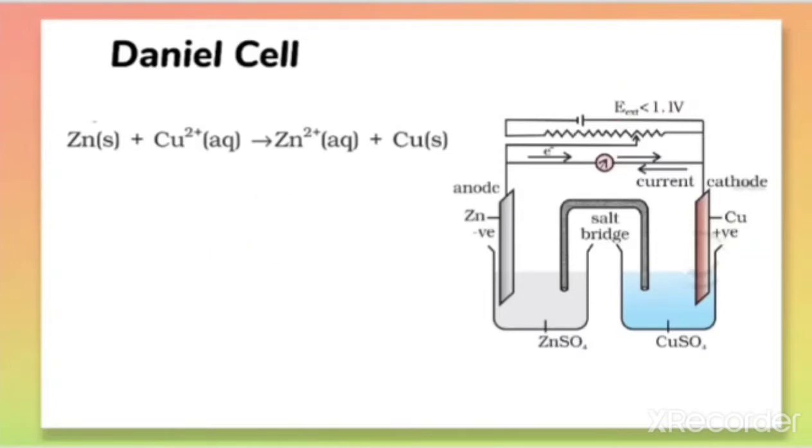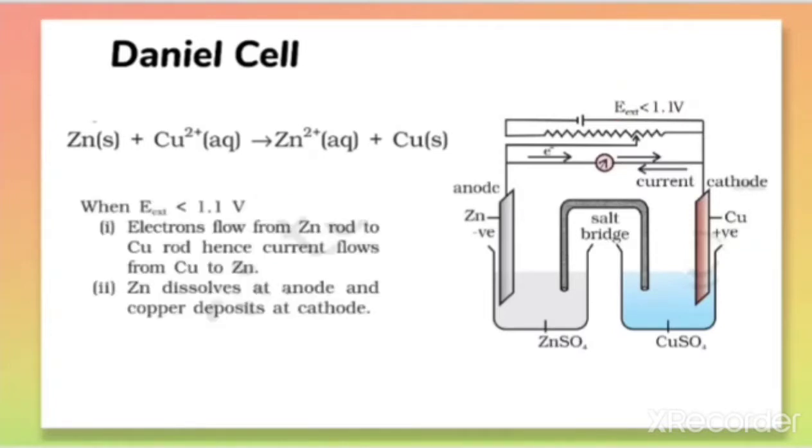So when E external is lesser than 1.1 volt, there will be no changes and the reaction goes in the same direction. The flow of electrons is from the zinc rod to the copper rod, as we have already discussed about the functioning of the cell.